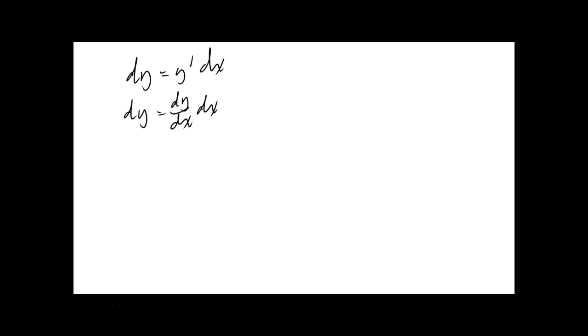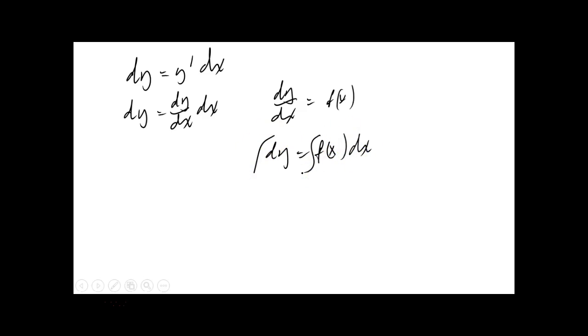We did the same thing, if you think about it, dy/dx, and we've already done this, is equal to some function of x, right? And then what did we do? In Cal 2, we said dy is equal to alpha of x dx, and then we integrated both sides, didn't we?